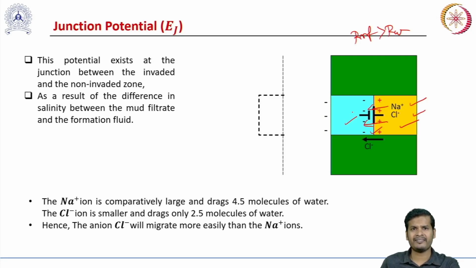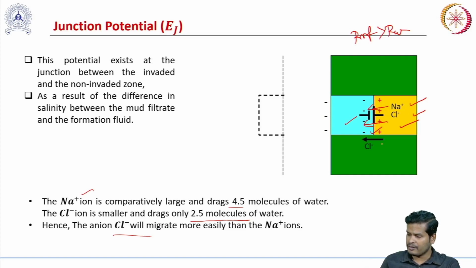Here what will happen is that since Na plus has a large size compared to Cl minus, it generally drags 4.5 molecules of water, whereas the chloride ion has a smaller size and drags 2.5 molecules of water. Because of that, Cl minus will have higher mobility. Cl minus will move at a faster rate as compared to the Na plus ion.